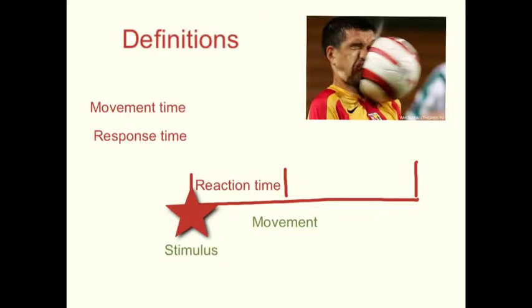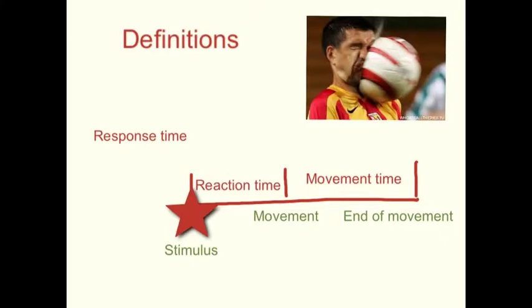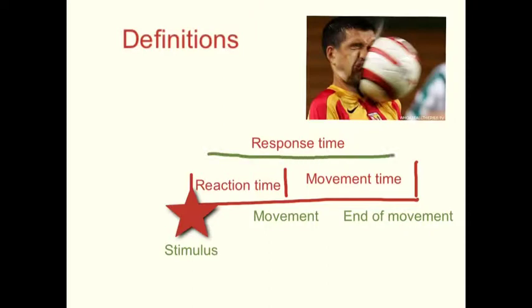We refer to this as movement time, so that is start of the movement to the end of the movement. Finally, we have the response time, which is basically the time from the start of the presentation of our stimulus all the way to the end of the movement, also known as reaction time plus movement time.